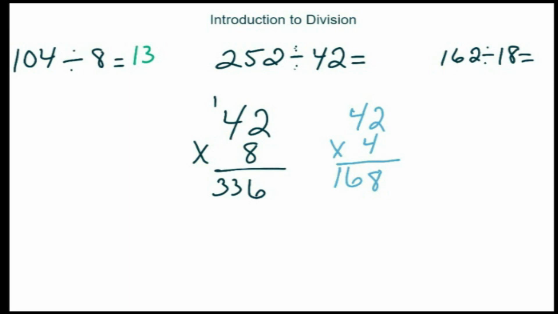So let's try the number 6. If we multiply 42 by 6, let's see what we get. Maybe we'll get 252 as an answer.